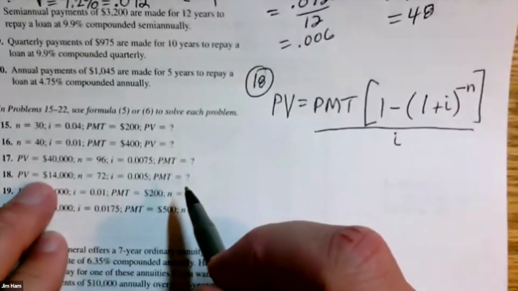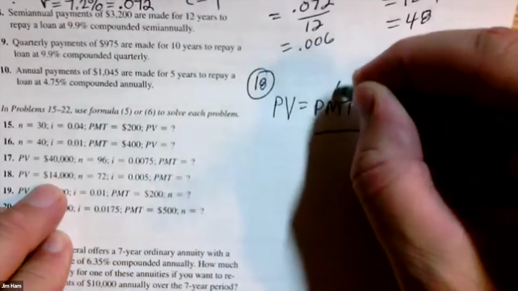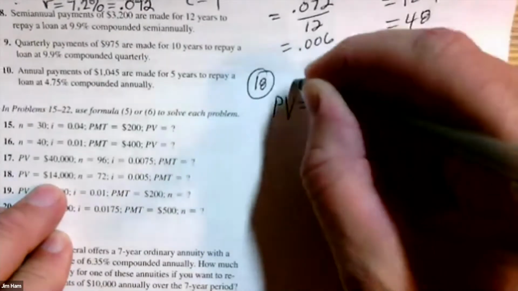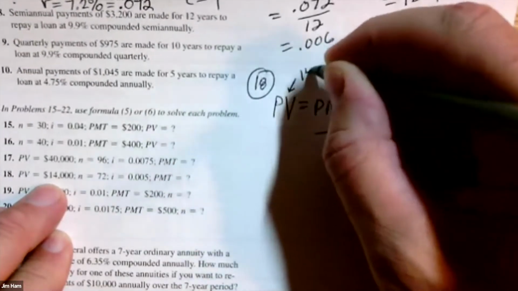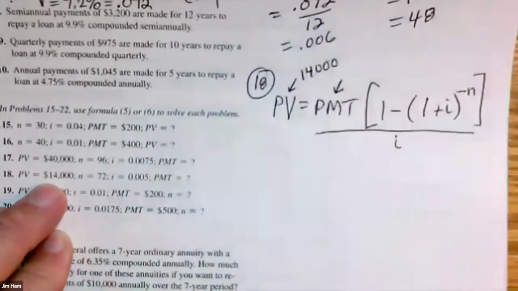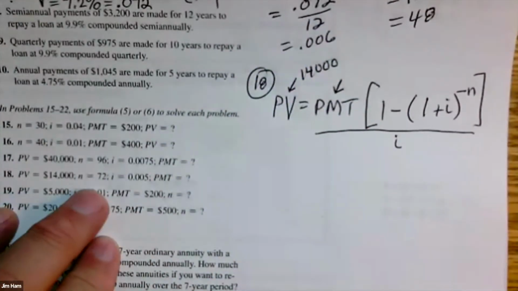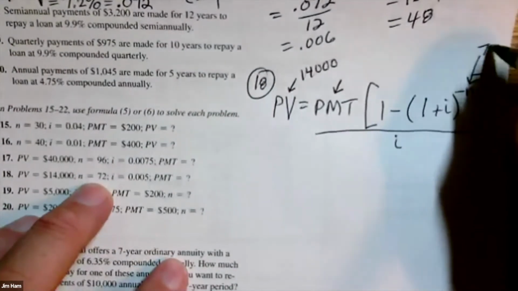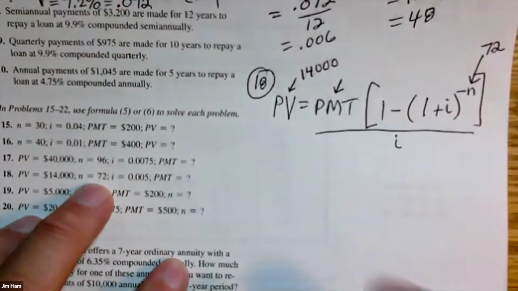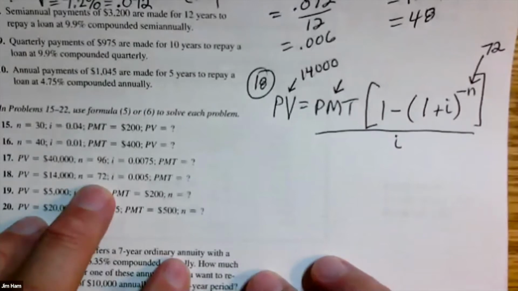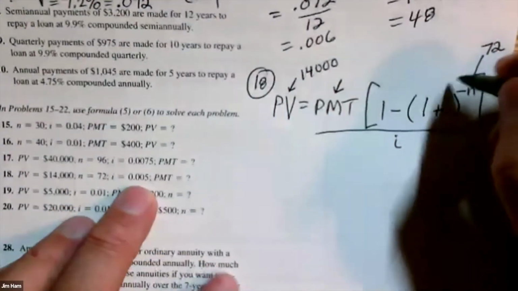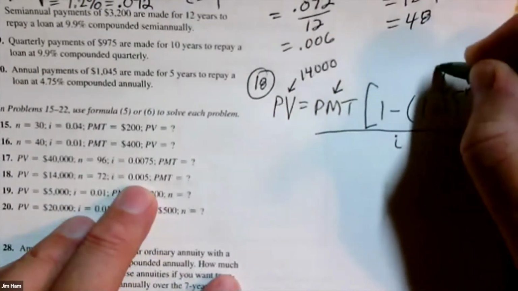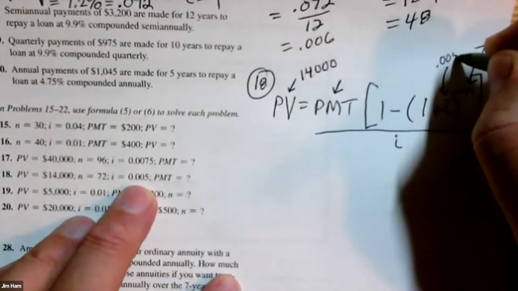For number 18, it says that the present value is 14,000. Imagine that you're taking a car loan out for $14,000. The N is 72. So let's say you're making monthly payments, although we don't know that information, for 6 years, which is typical on a car. The monthly interest rate is 0.005.